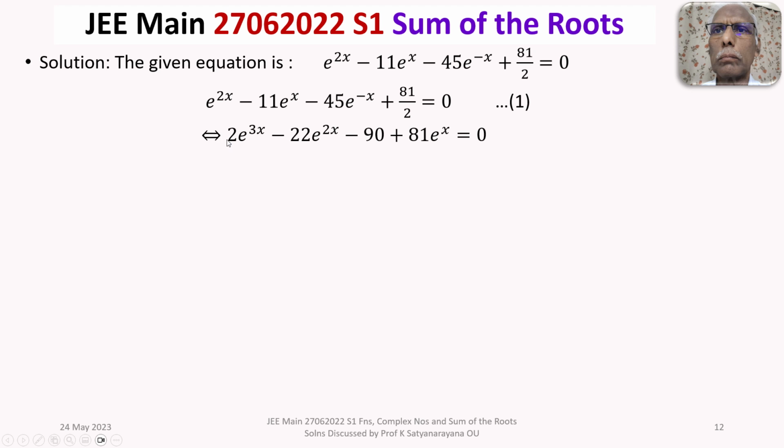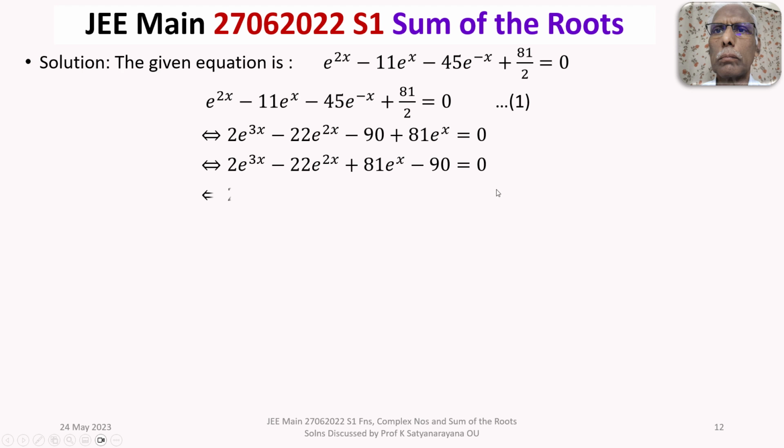That will be 2 e to the power of 3x minus 22 e power 2x minus 90 plus 81 e power x. Now adjusting the terms, it is the same as 2 e to the power of 3x minus 22 e to the power of 2x plus 81 e power x minus 90 is equal to 0.